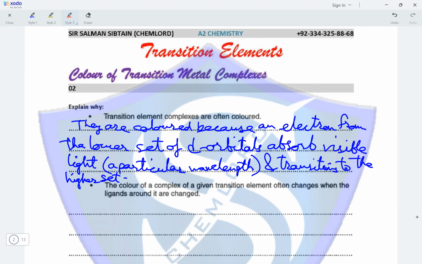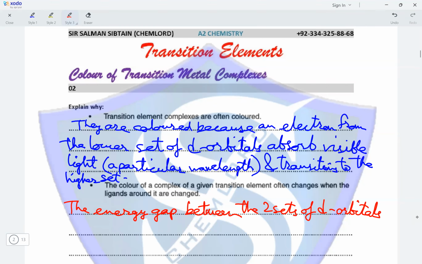The color of a complex of a given transition element often changes when the ligands around it are changed. The energy gap between the two sets of d orbitals is created due to binding of ligands.